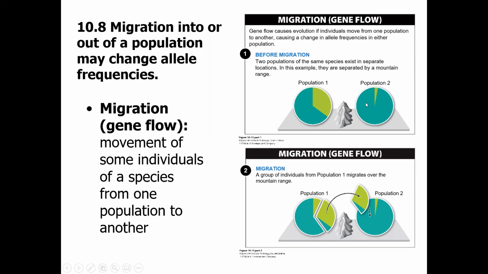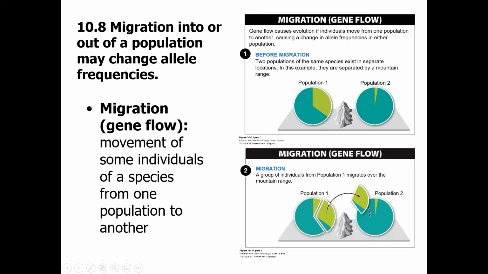For population 2, on the other side of the mountain, we have a lot more of the turquoise gene and just a small sliver of the pukey green gene. Ultimately, individuals from population 1 with a larger portion of that pukey green gene can move across the mountain into the second population, thus changing their genetic variation because we had gene flow.